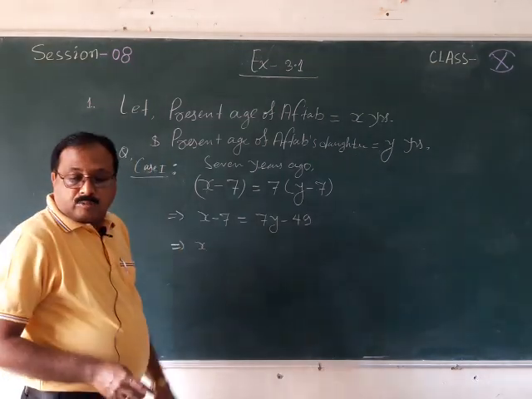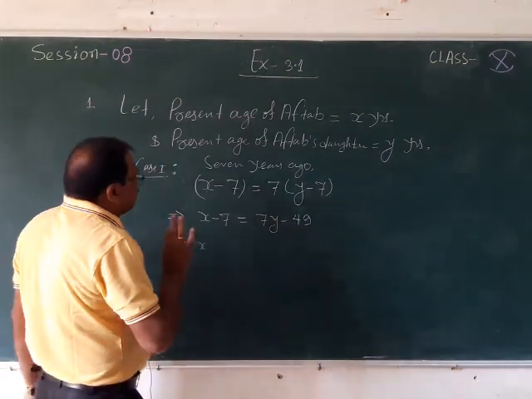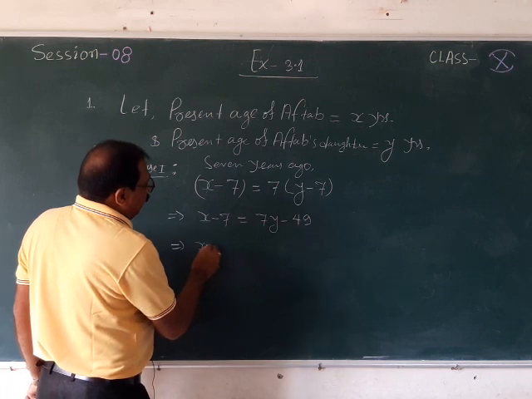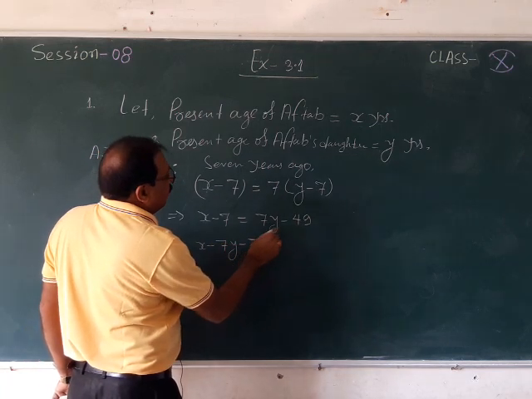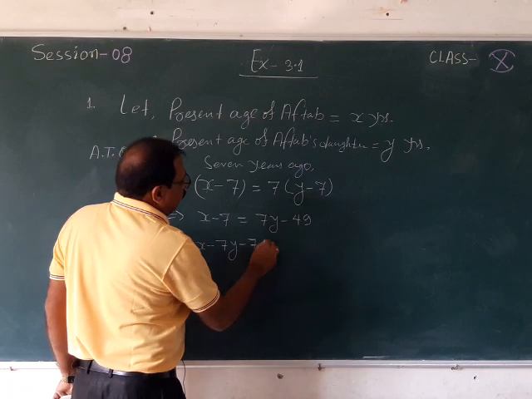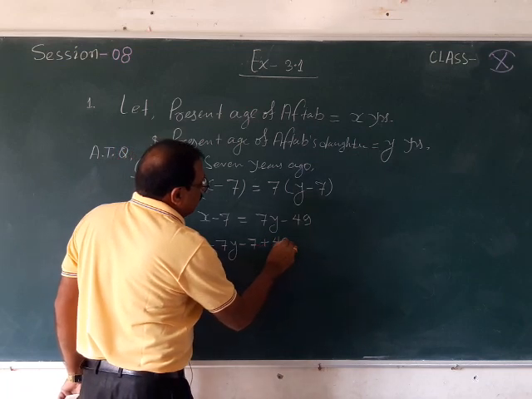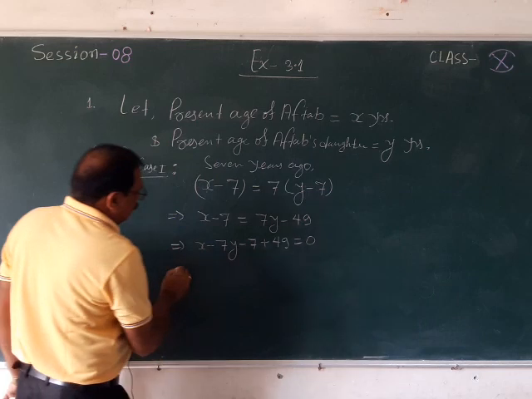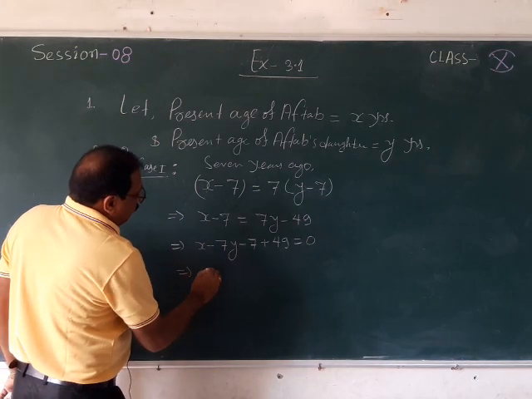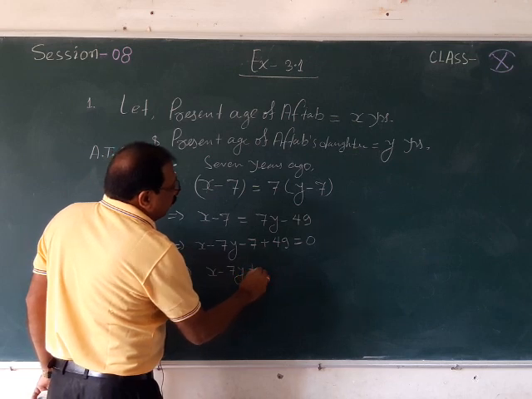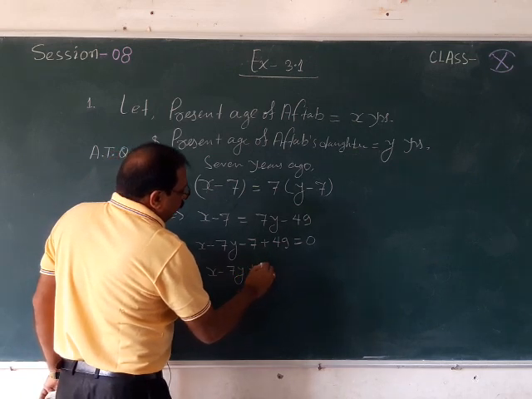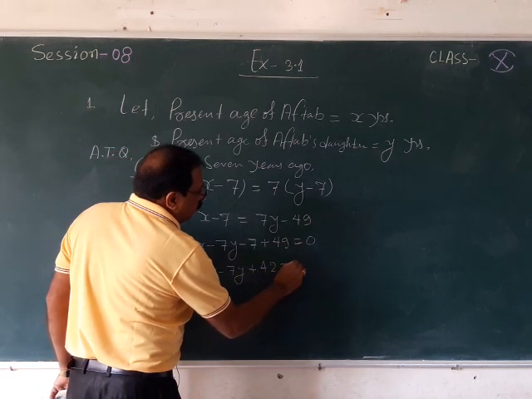But they have told in the question to write it algebraically, so let us write algebraically first. x minus 7y minus 7, and this minus 49 will come to this side as plus 49 equal to 0. So x minus 7y plus 42 equal to 0.